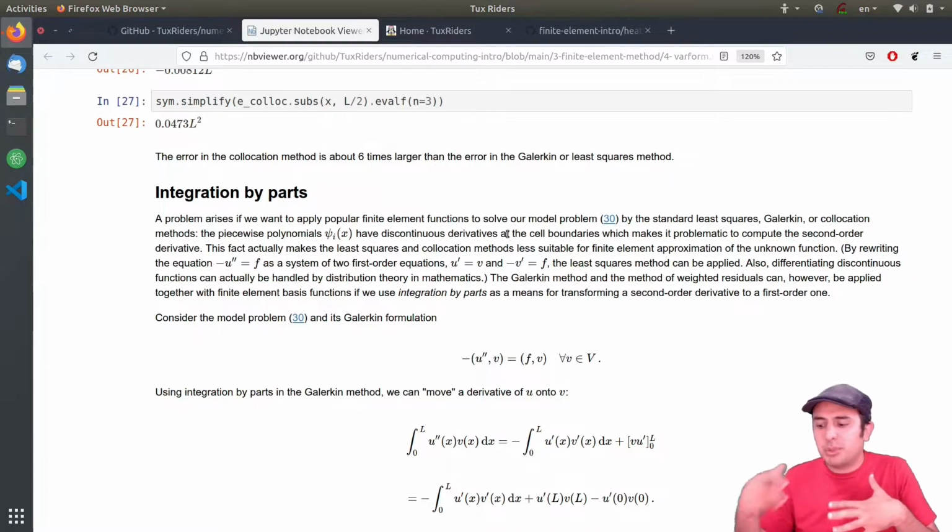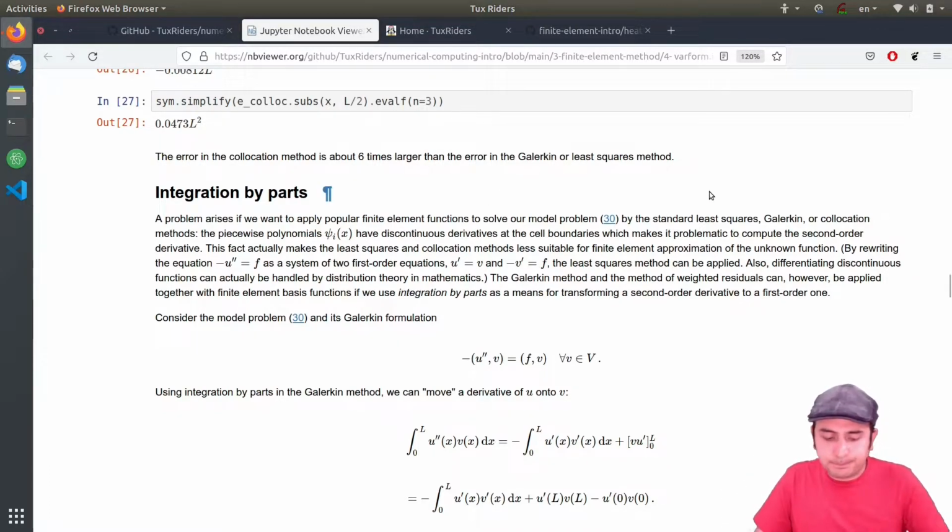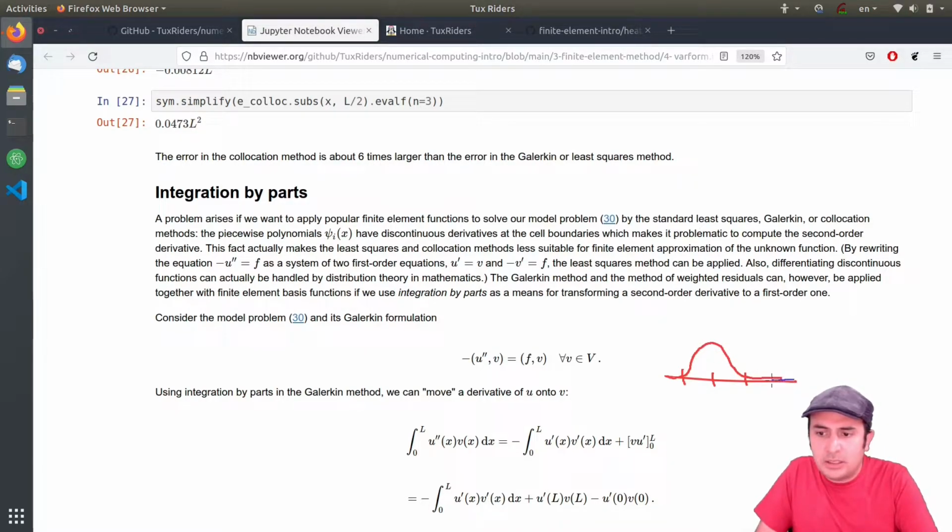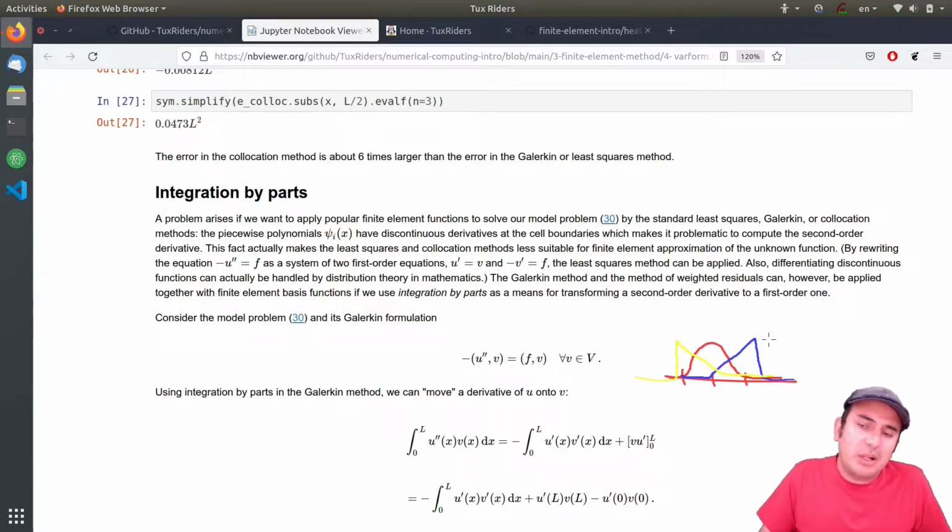If you remember from the previous video, we had different nodes, and then we had a function defined like this, and then another one defined like this one, and then another one like this. So at different nodes they were defined, and I also showed you the derivative. So the second derivative, and generally the derivative, are not continuous.